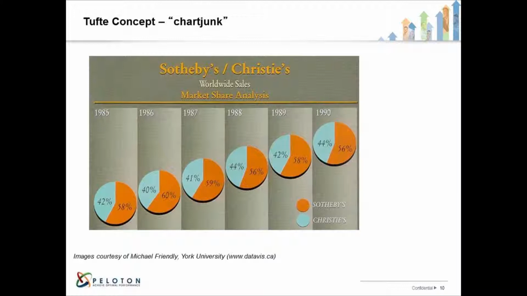But when I look at the values in the pies, they don't really follow that pattern at all. And so I'm left having to stop and look at every single one of the pies and think, what exactly is this telling me? You could stare at this for several minutes and not really understand what the author is trying to communicate. So this is the exact antithesis of what you would want to do in terms of following Tufte's approach.